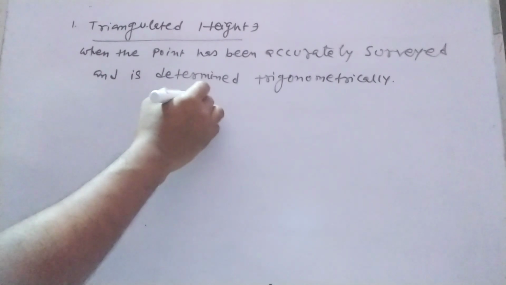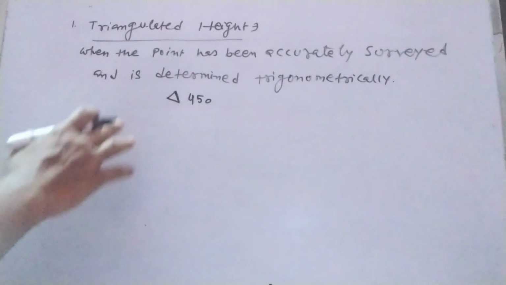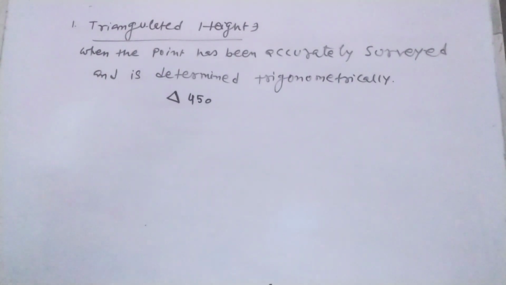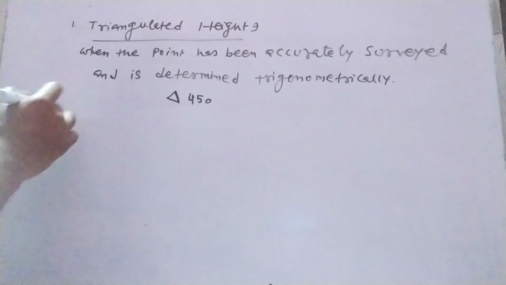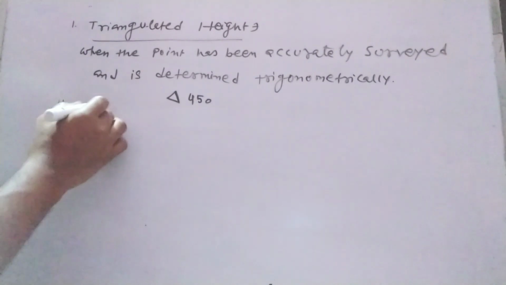Triangle, suppose 450. So which indicates that place has been accurately surveyed and height 450 meter, right? Next come to discuss about spot height.